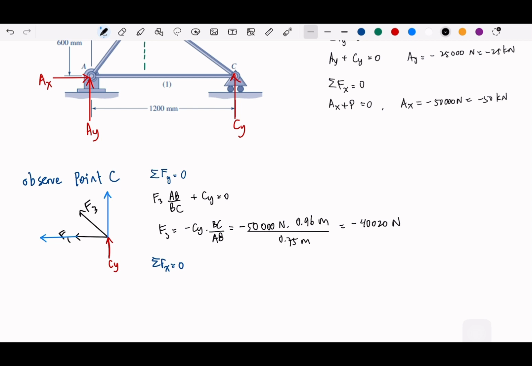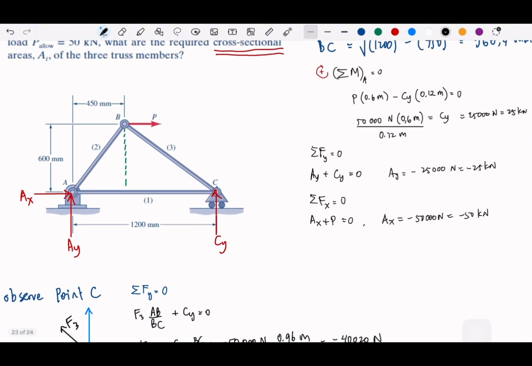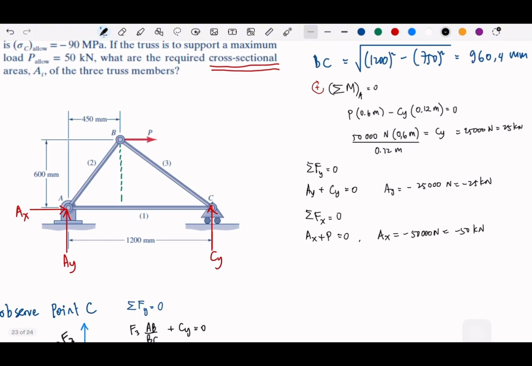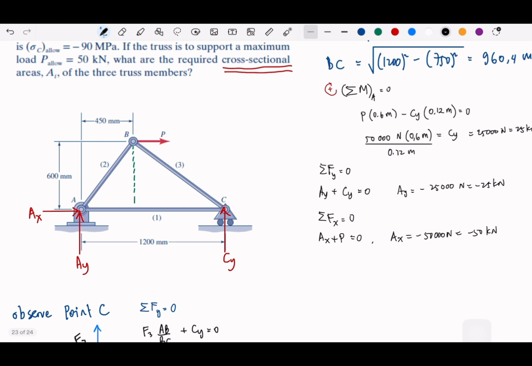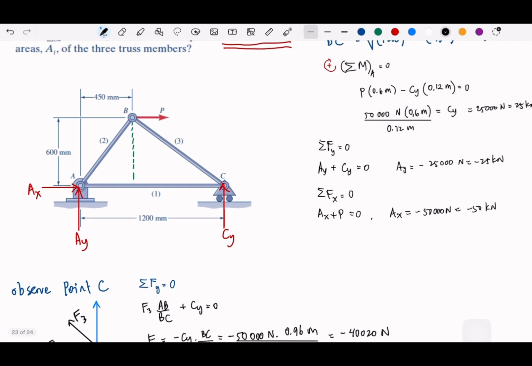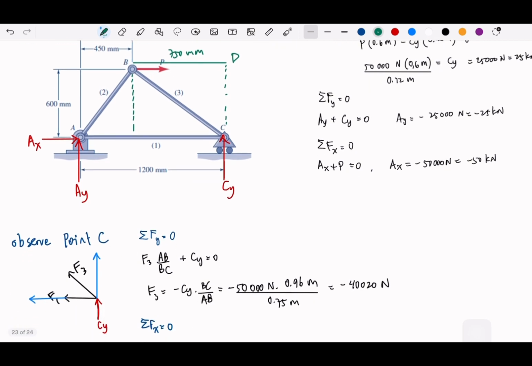Now F3 will be this size. I forgot to take this distance here. The distance here is 750, right? So I will write here 750. Maybe this is D, okay, to help out.